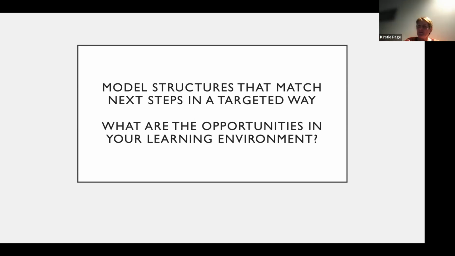So you don't often have to deliberately create grammatical opportunities because they're there all the time. But again, it is interesting to scan your environment and think, well, where do those opportunities come up really well?